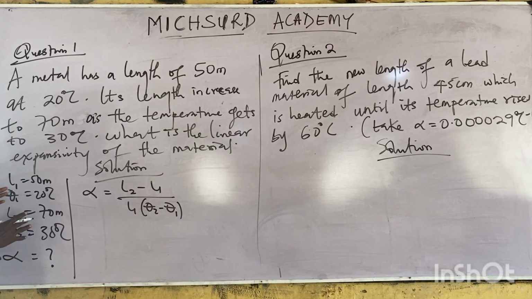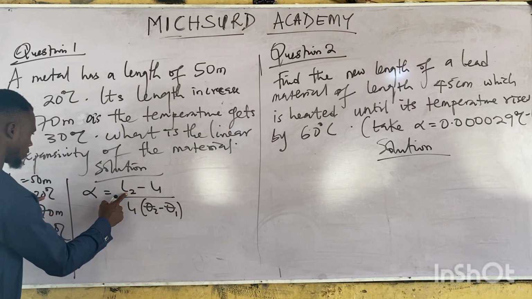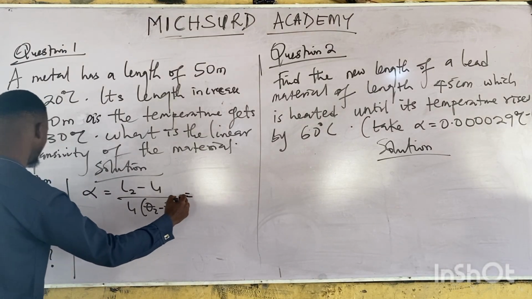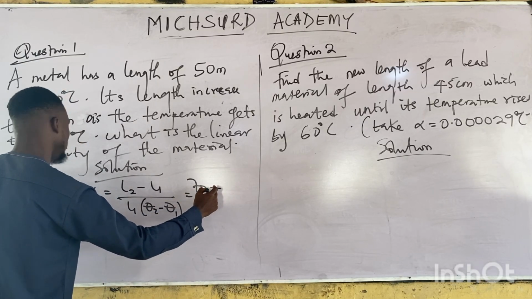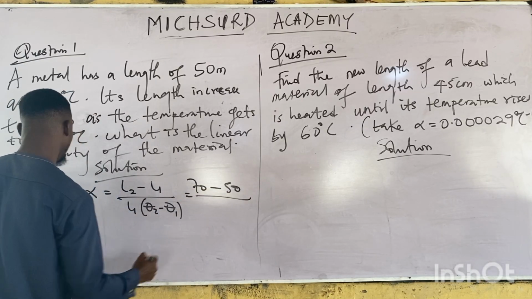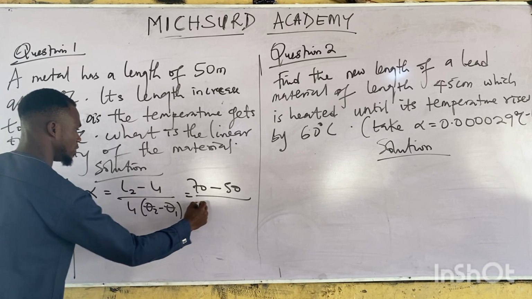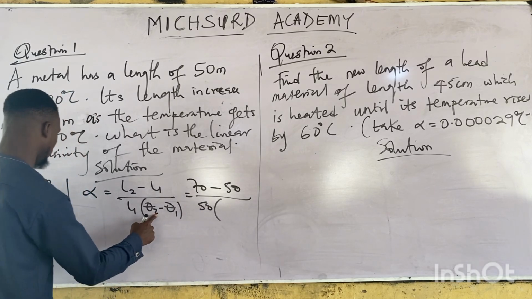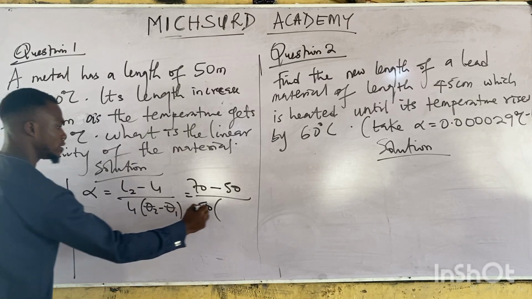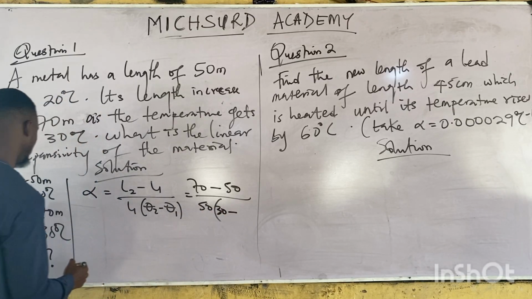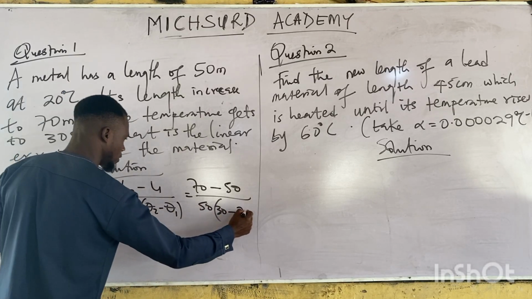So if we substitute in the question, L2 is 70, minus L1, which is 50, then divide by L1, which is 50. Then we have theta 2, which is given as 30 degrees, minus theta 1, which is 20 degrees.